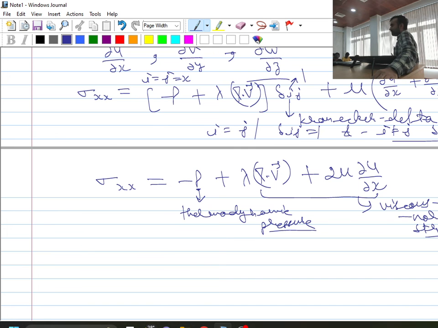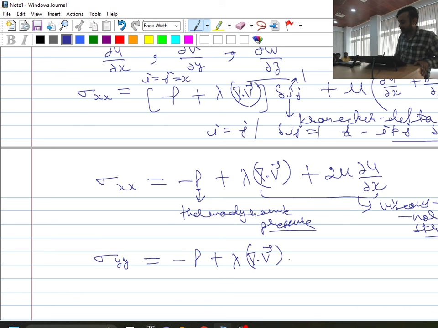Is this point clear? Similarly, I will have a normal stress in the y direction. How much will it be? Minus p plus lambda times the divergence of the v vector plus 2 mu times del v by del y.